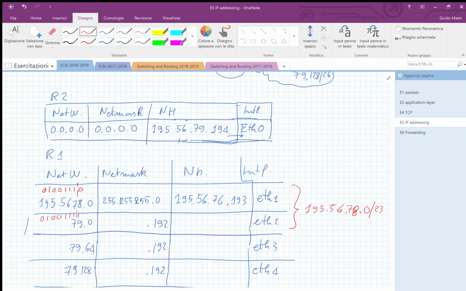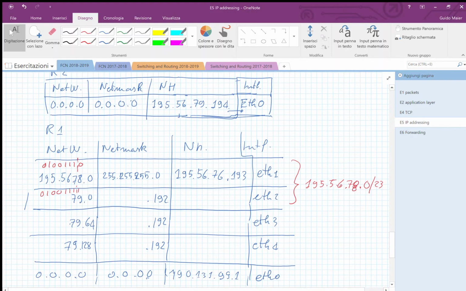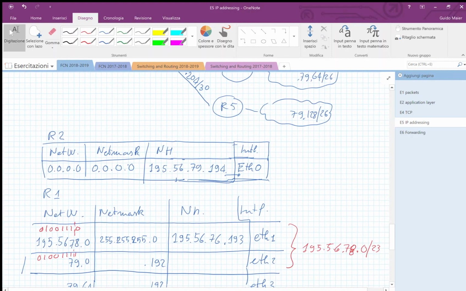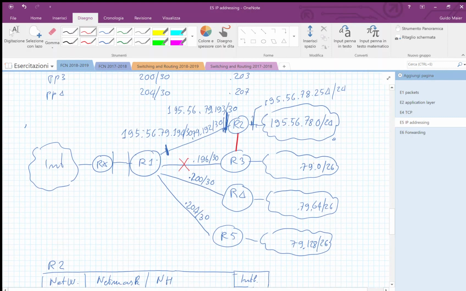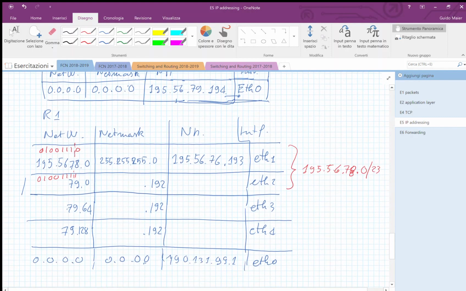But since we are doing longest prefix matching, automatically when you have something that is not directed to those first two networks, but to these other two that are more specific, it will be sent to the appropriate output. Okay.